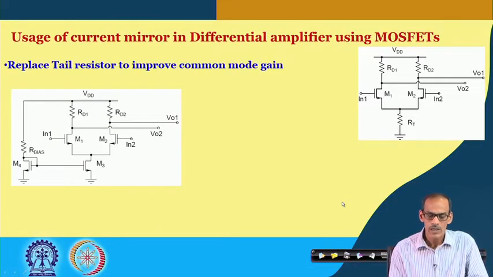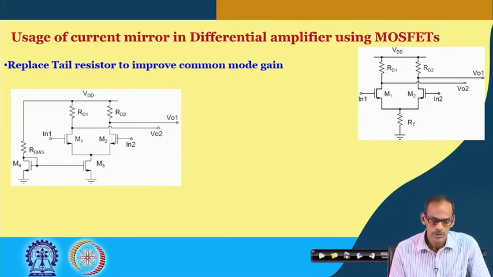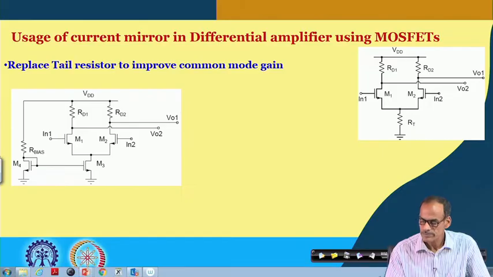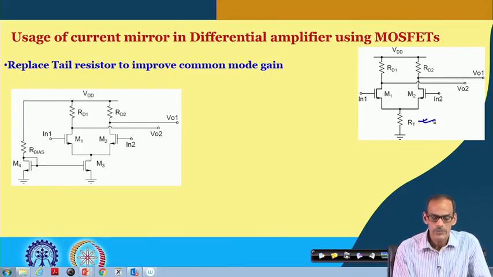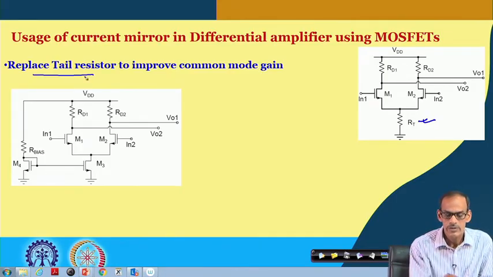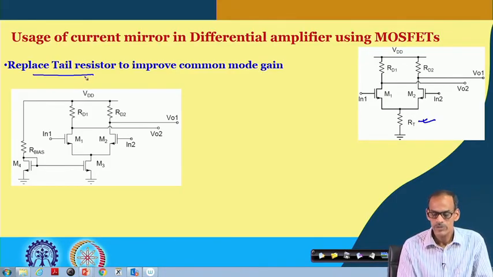In fact, there are different possible applications of the current mirror in differential amplifier, having 3 folds. One is for replacing this tail resistor, and if you replace this tail resistor, that will improve the common mode gain.